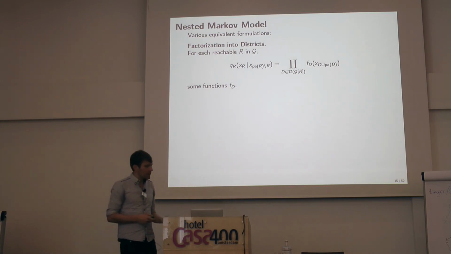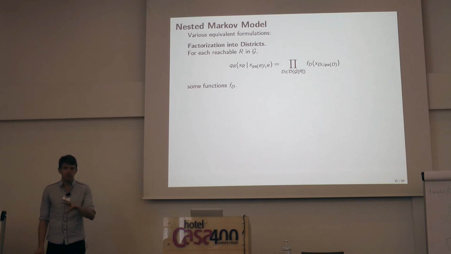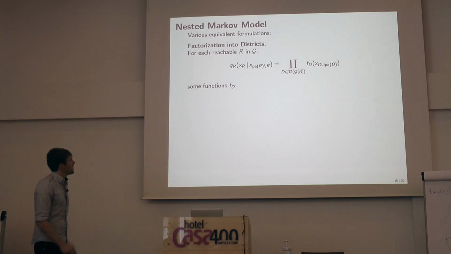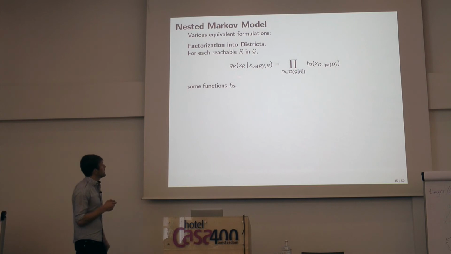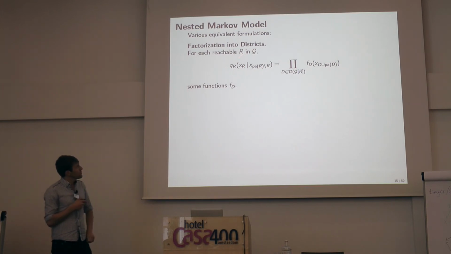Okay, so I've given you one formulation of the model, and I've mentioned that there's an equivalent one you can get by fixing, but there are various others. One of them is to say that for any reachable distribution, that should factorize into pieces based on the district, without specifying what these pieces actually are.